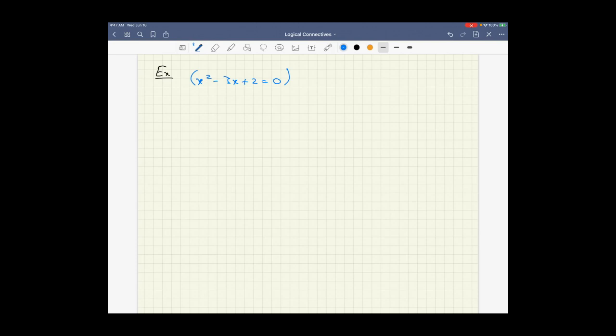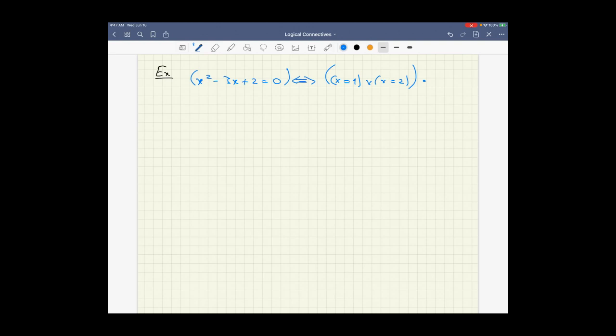You can easily see that the roots of this equation are 1 and 2, and so that means that x squared minus 3x plus 2 is 0 if and only if either x is 1 or x is 2. To be safe, I would put another set of parentheses. Not a very interesting example, but it will be useful to see how connectives are used in mathematical reasoning.